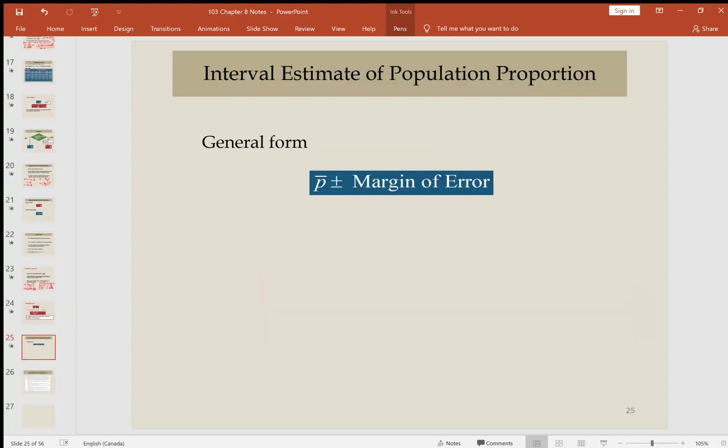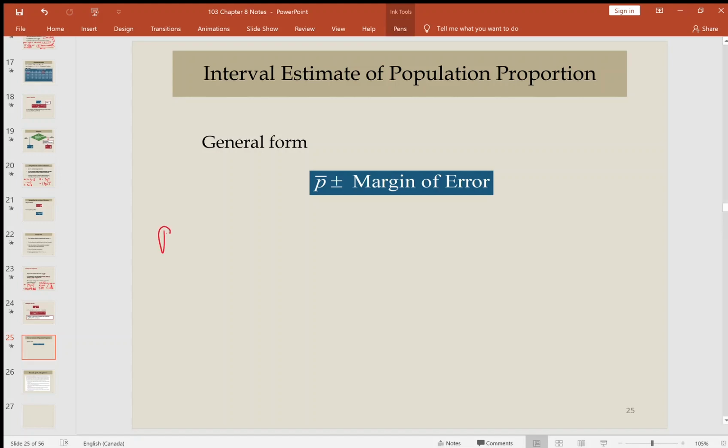Now, just as we did proportions in chapter 7, where we estimated the point estimate for proportions in the form of the sample proportion, we can do the same thing. We can find the interval estimate for the population proportion.